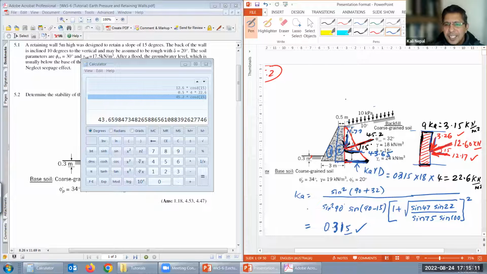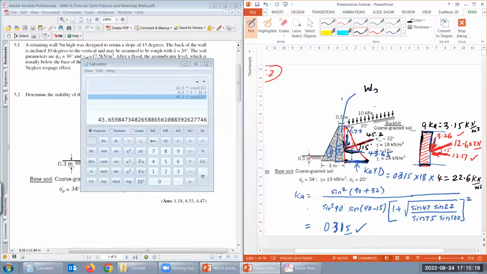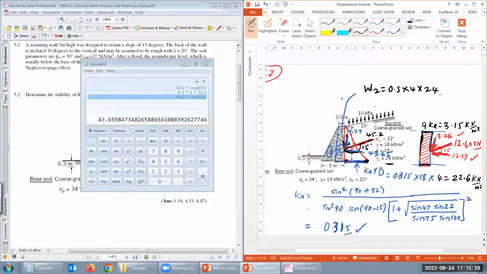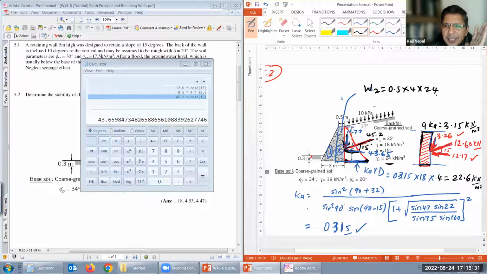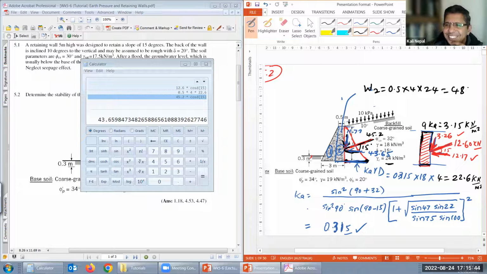How much is the weight W2? 0.5 times 4 multiplied by the density of concrete, 24. That's the area times density, per unit length. That's 48 kilonewton. Good. So now that's 1.